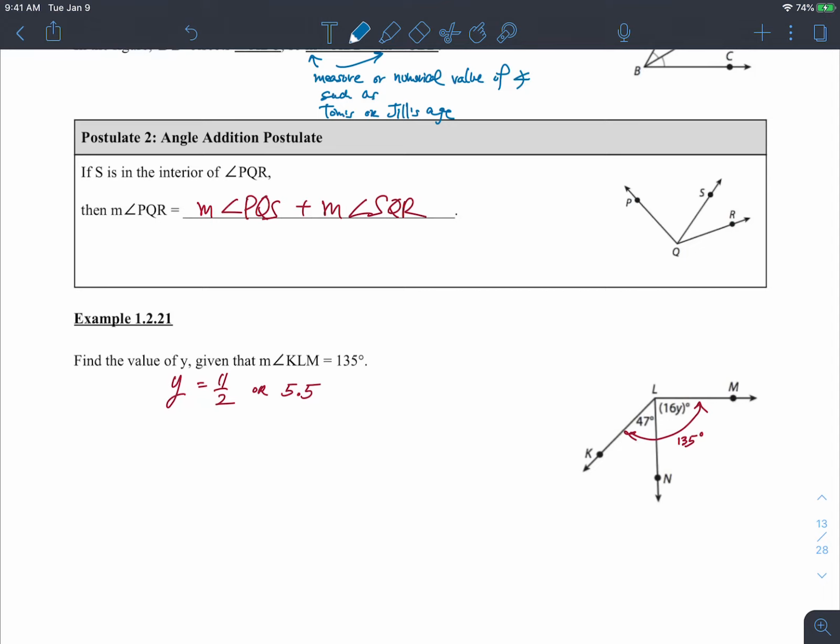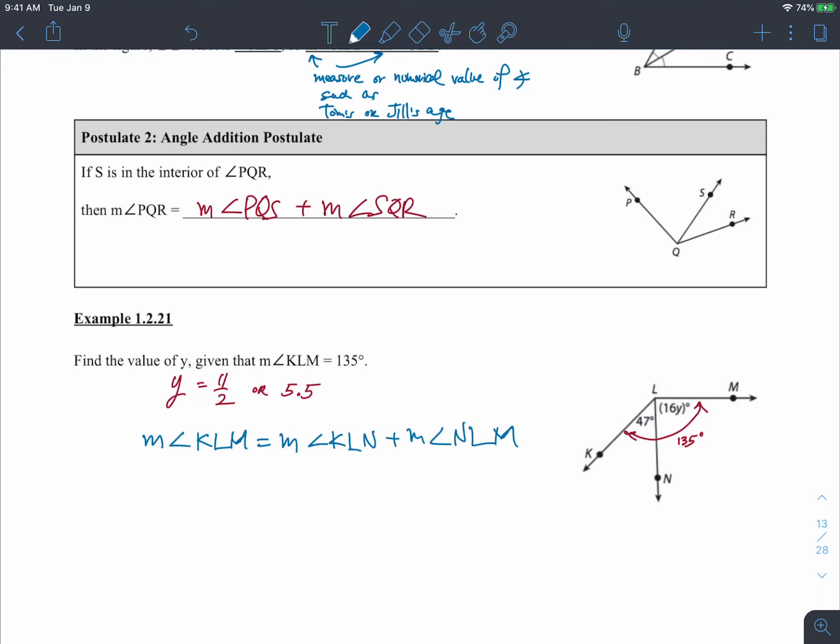By the angle addition postulate, the measure of angle KLM is equal to the measure of angle KLN plus the measure of angle NLM.